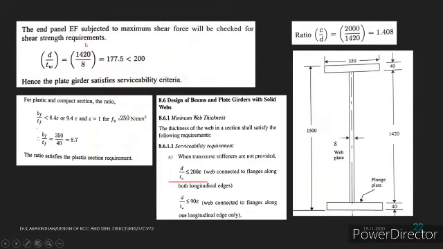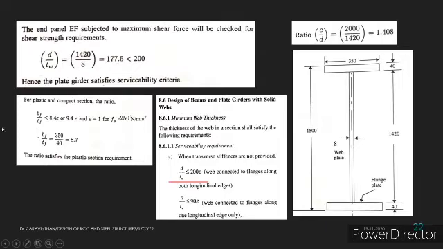Here, the end panel subjected to maximum shear force will be checked for the shear strength requirement. For that, there is a relation, that is d by tw should be lesser than 200 epsilon. What we have assumed is 1420 divided by 8. Our thickness, what we arrived at, is 8. Hence, if you divide this, the value we get is 177.5. So this is lesser than the condition.